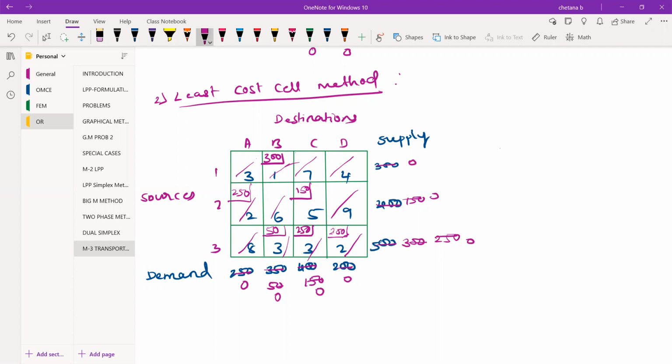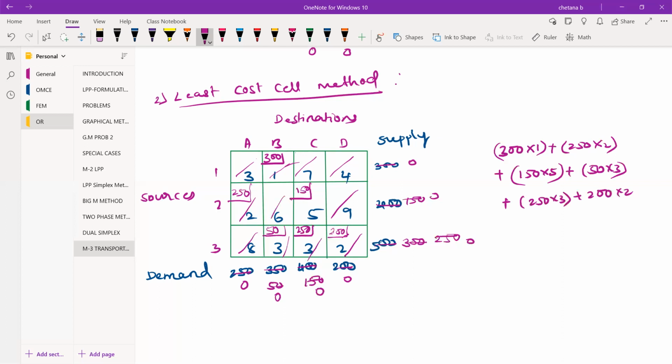Again, the allocated cell into cost, that is 300 into 1 plus 250 into 2 plus 150 into 5 plus 50 into 3 plus 250 into 3 plus 200 into 2.